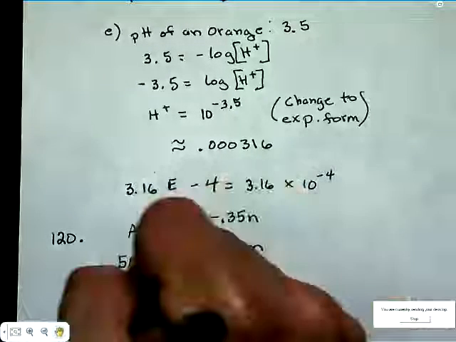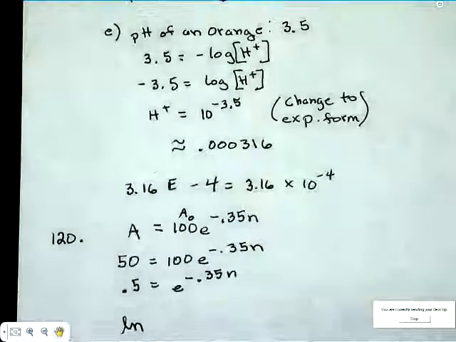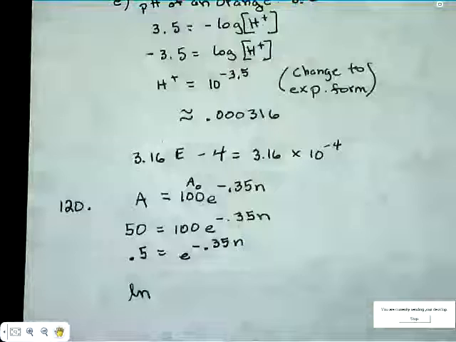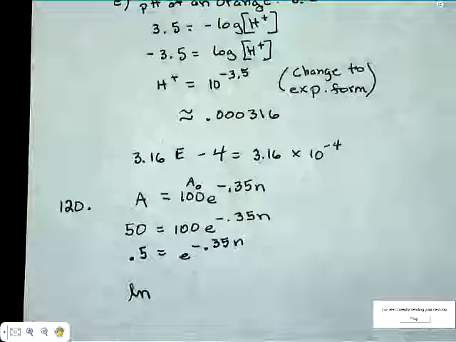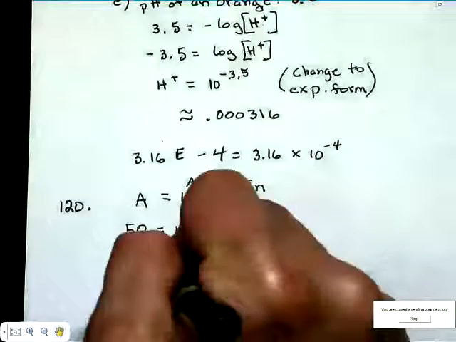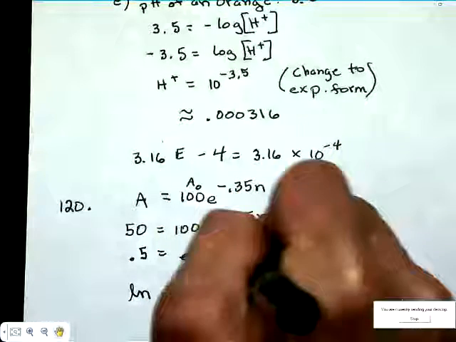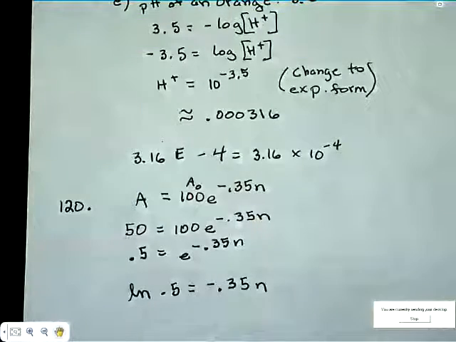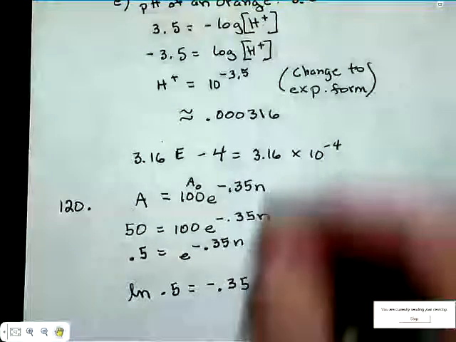Natural log of what? Of 0.5, because it's always the exponent that's on the other side of the equation. Natural log of 0.5 equals negative 0.35 n.